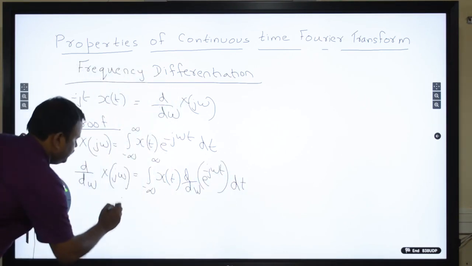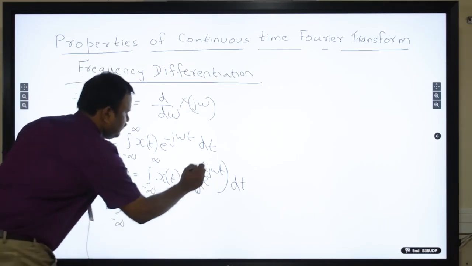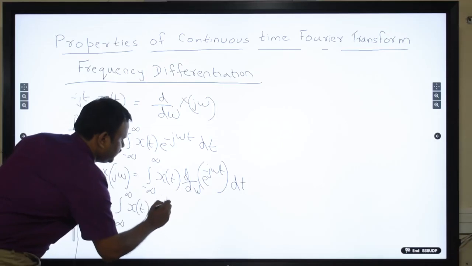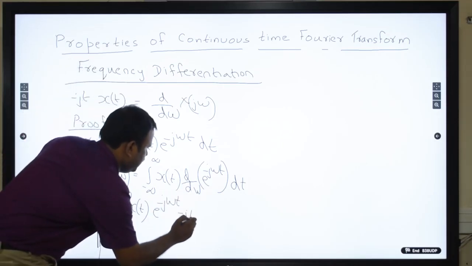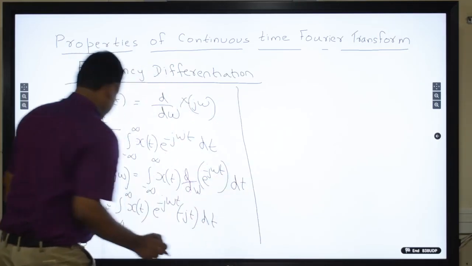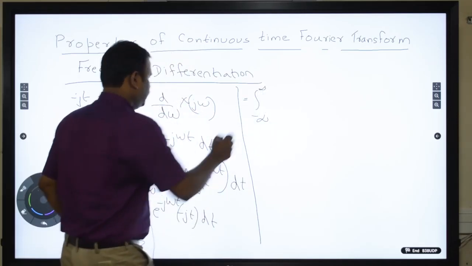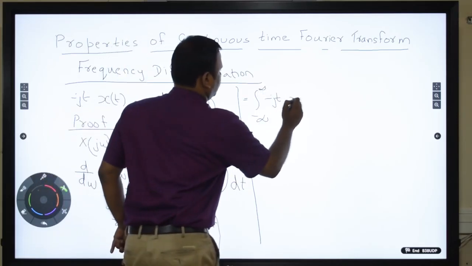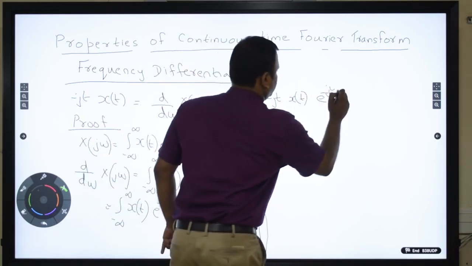So, the derivative of the exponent is e power minus j omega t into the constant minus j t dt. Okay. So, finally, writing the integral from minus infinity to plus infinity, minus j t written first along with x of t, e raised to minus j omega t dt.